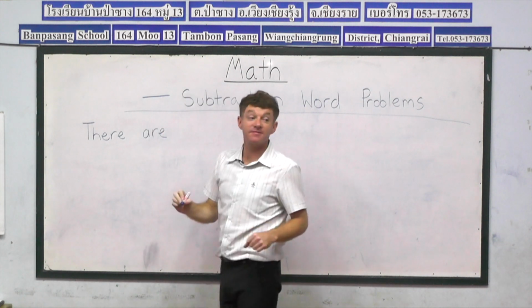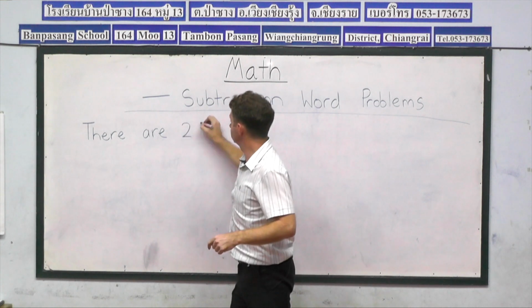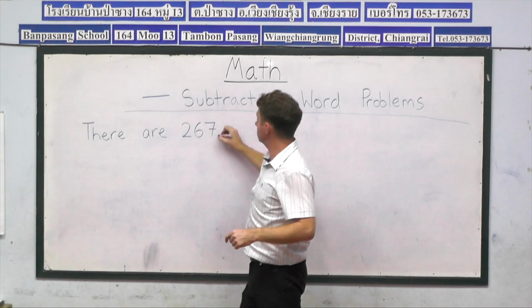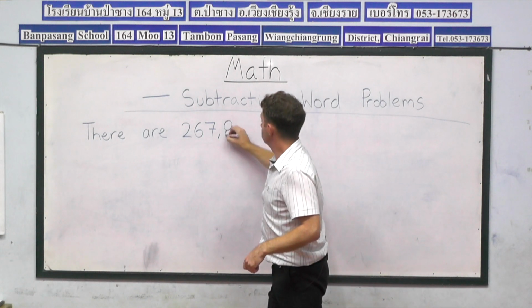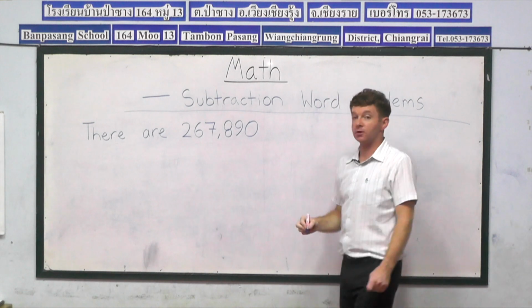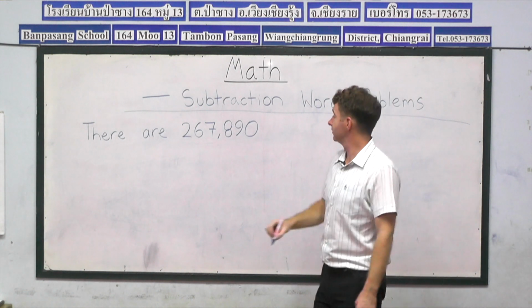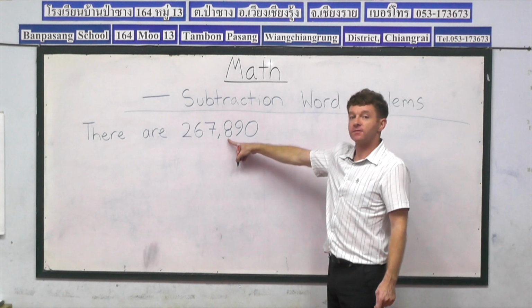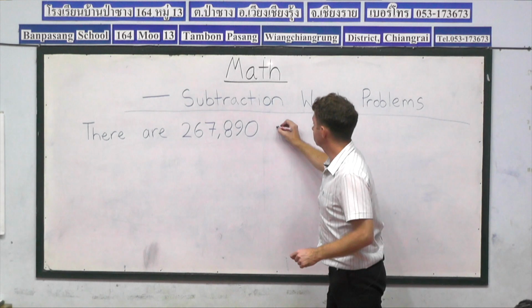Okay, numbers time, guys. 2, 6, 7, comma, 8, 9, 0. 267,890 sweets.